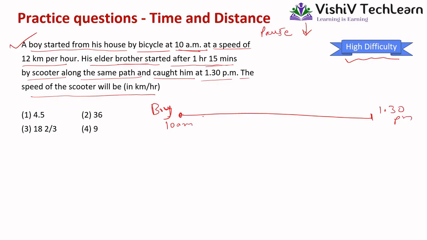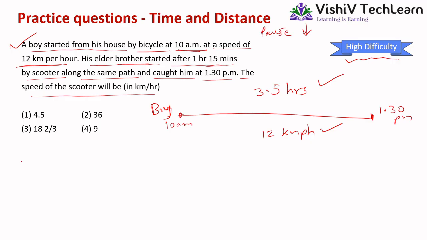From 10 to 12 it is 2 hours, from 12 to 1:30 it is 1.5 hours, or 1 hour 30 minutes. So the total time will be 3.5 hours. The boy has taken 3.5 hours to reach this point at 1:30 pm, and the speed of the boy is 12 km per hour. Now speed is given and time is also given. What can we calculate? Distance.